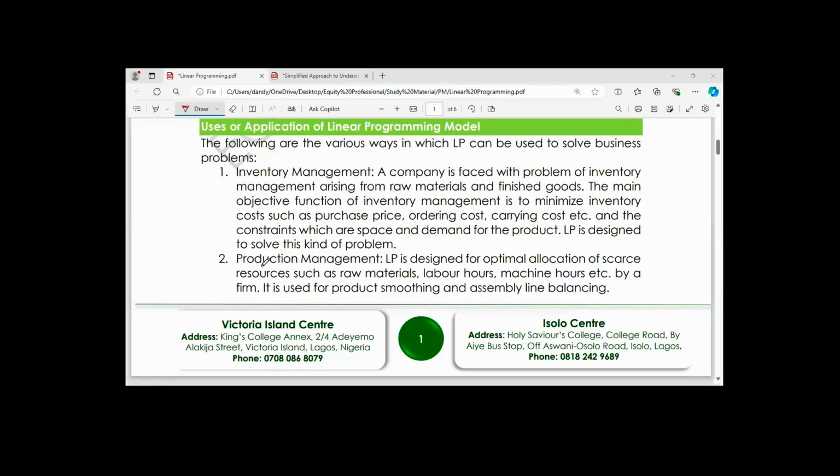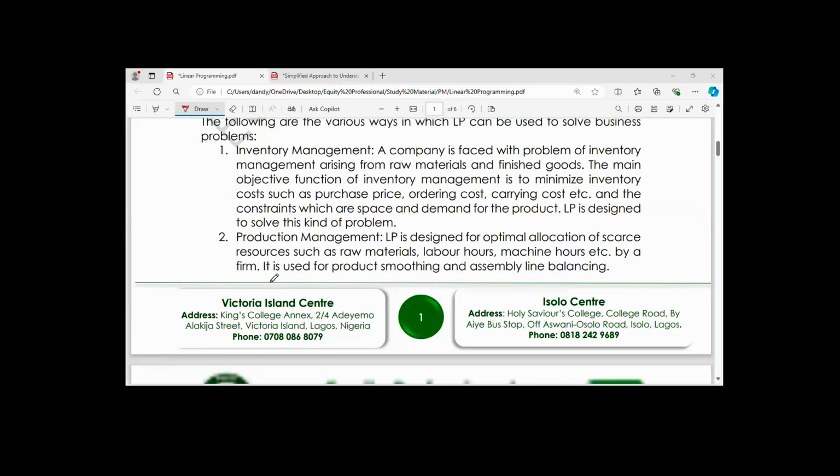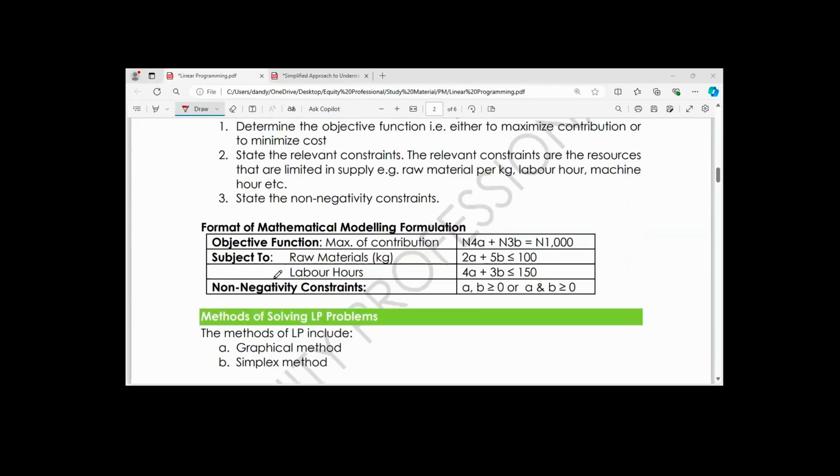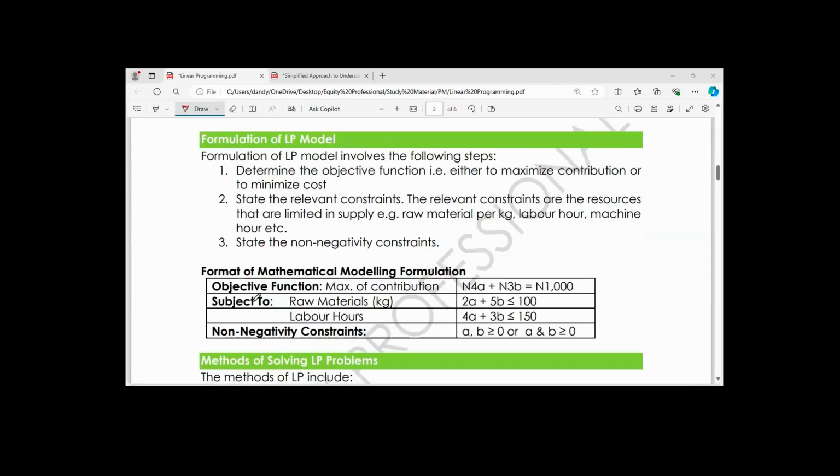The first step is to define the variables, okay? You need to define the variables. After that, the second step is to state the objective function that the company wants to achieve, either to maximize contribution or to minimize cost.